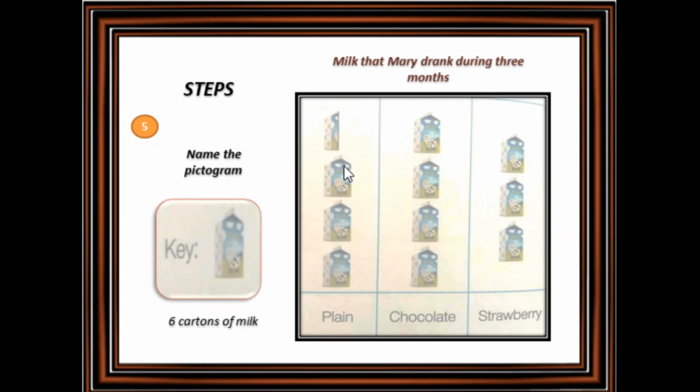In this case, the name of this pictogram we have here is milk that Mary drank during 3 months. So for the plain flavor, she drank, remember this is 6, right? So she drank 6 plus 6 plus 6 plus it's half, so it's 3, right?